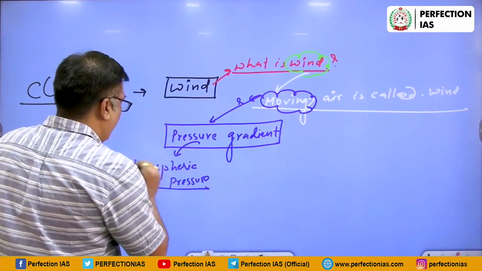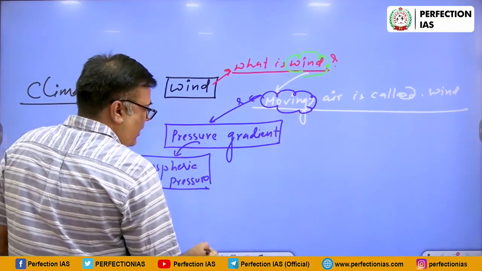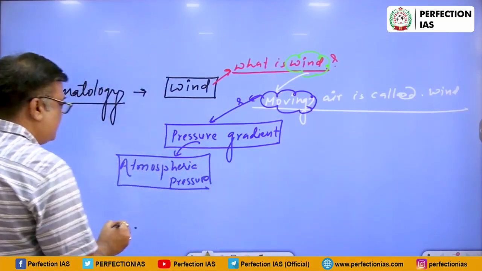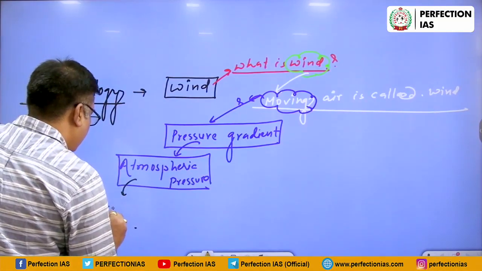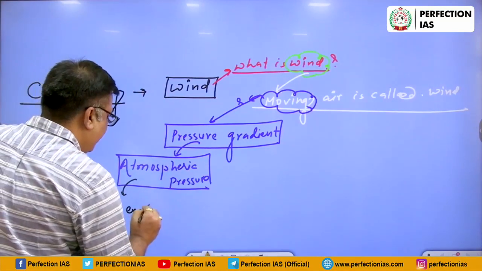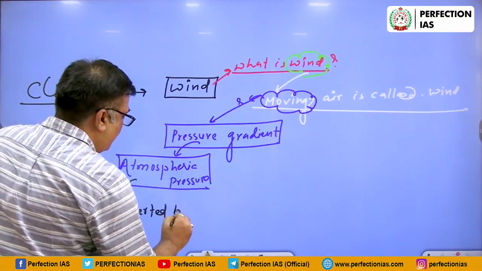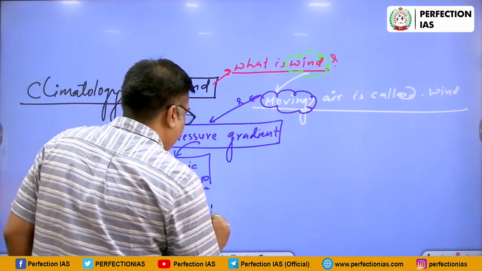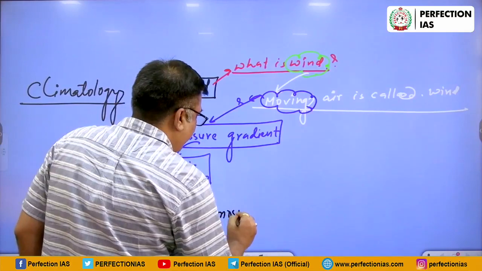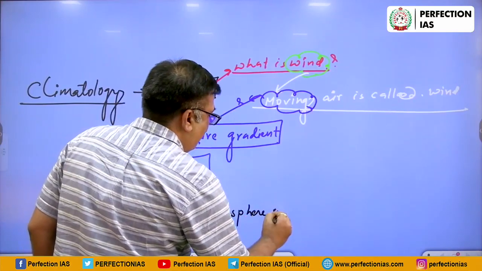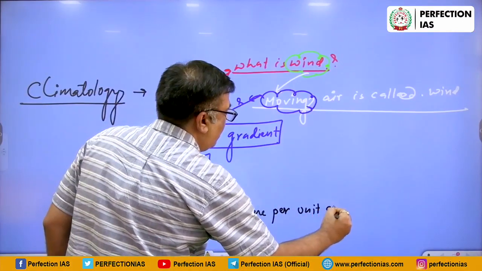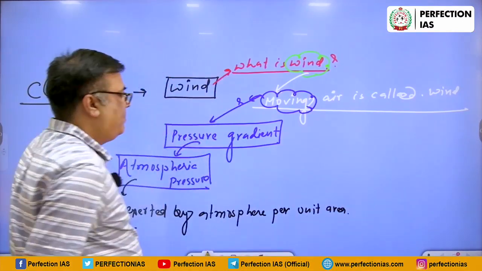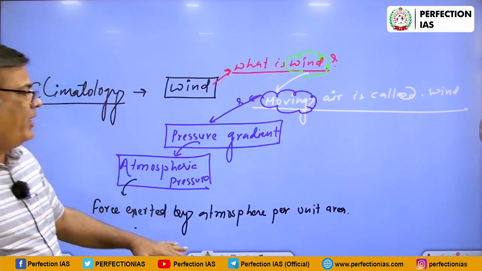Now, what is the meaning of atmospheric pressure? Atmospheric pressure means force exerted by the atmosphere per unit area. Per unit area. What does it mean?